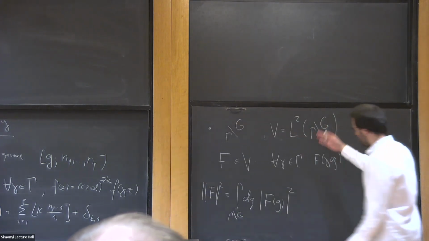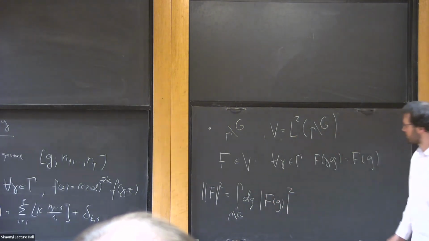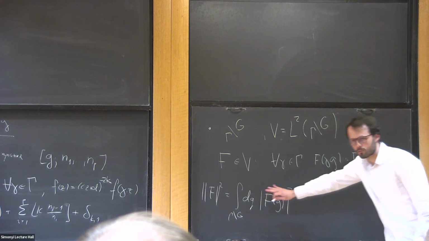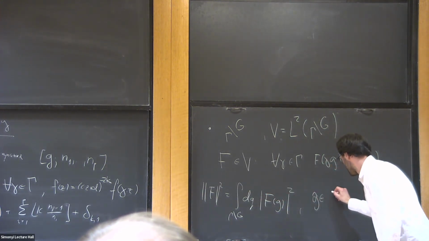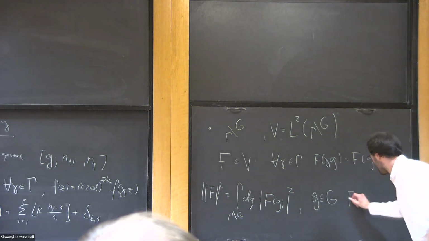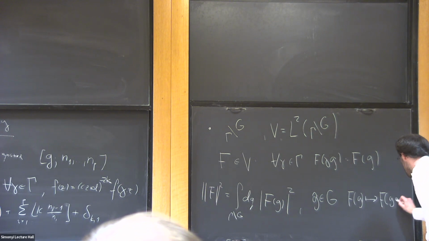The reason it's a unitary representation is that you can act by right multiplication, and the Haar measure is preserved. I can take some g inside the group and send f of x to f of x g.